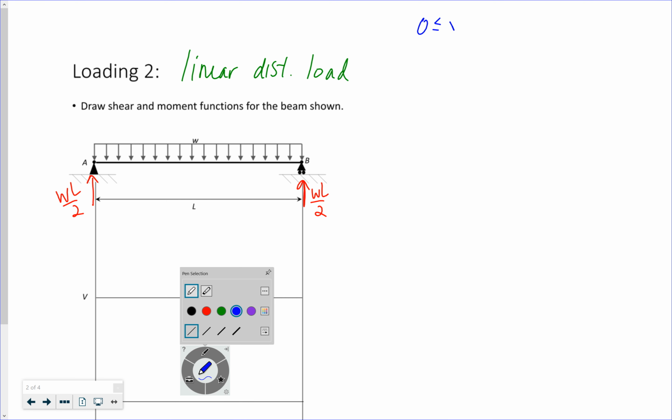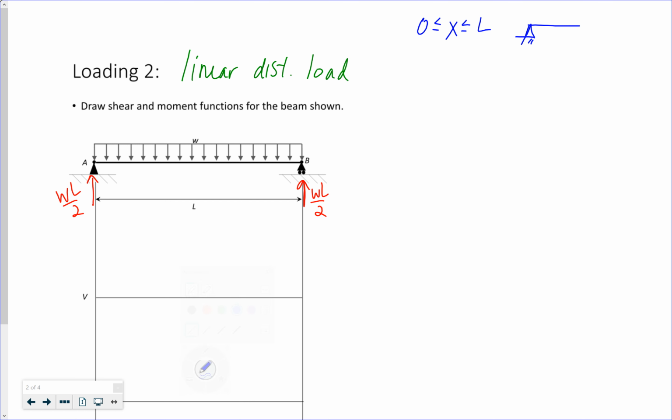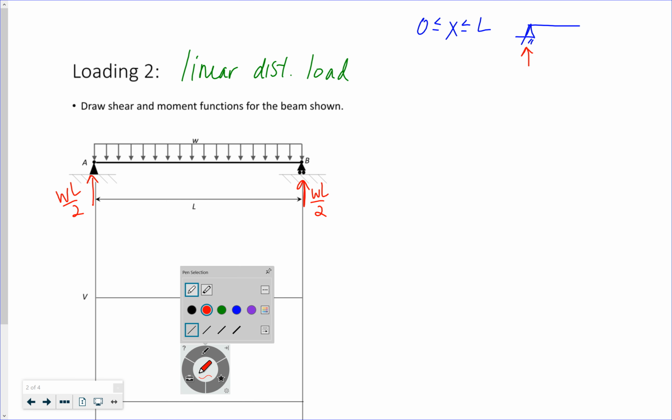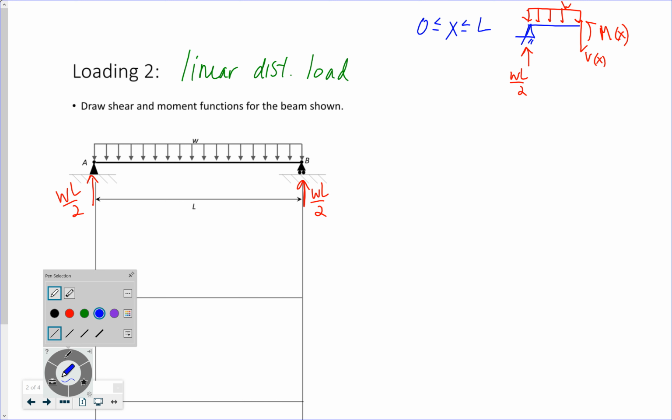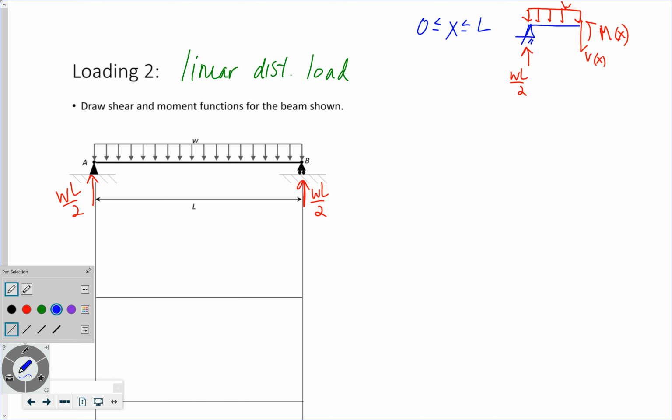So from 0 to L, I have a beam with WL over 2 at the reaction, W acting along it, and shear. Sum of the forces in the y direction.